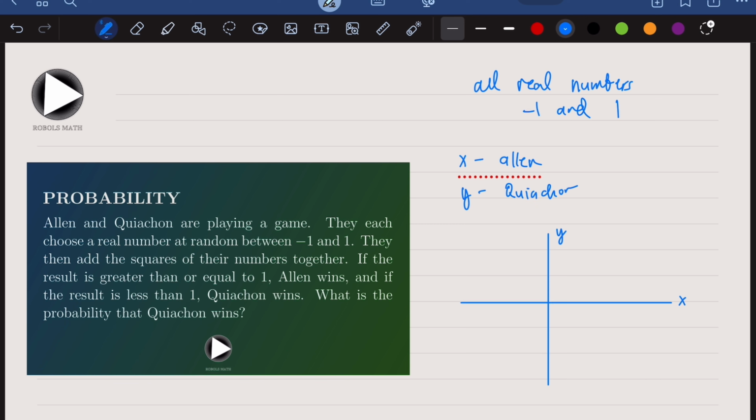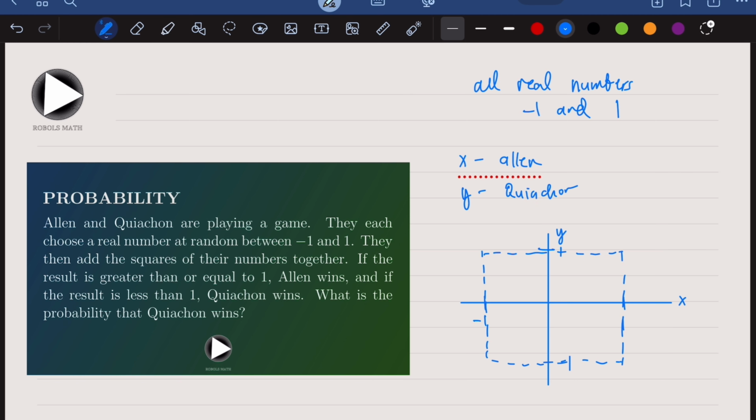The x-axis is for Alan. Since we are restricting both of them to the set -1 to 1, we can set a bound from -1 to 1 on both axes. So essentially, we're restricting all points to within this box.